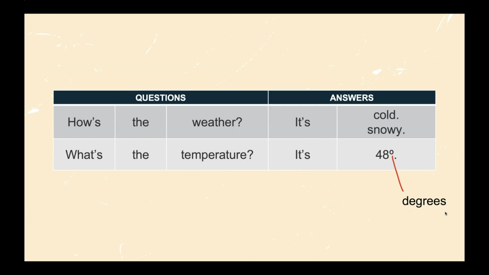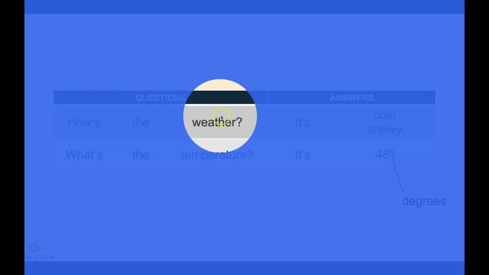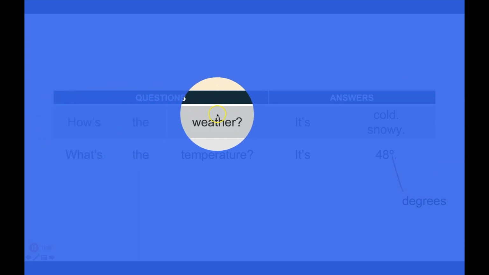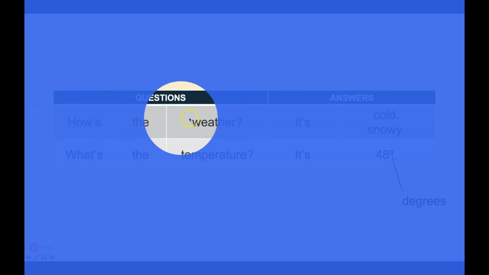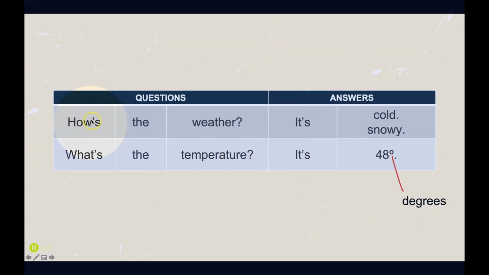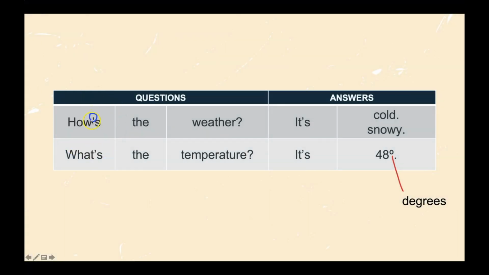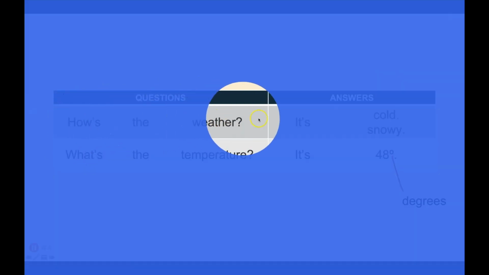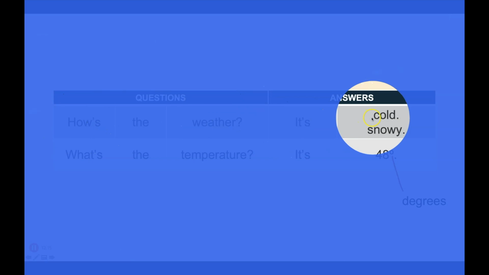Okay, so our first question is how's the weather? And we know this is actually how is the weather? But we make it short. We've got this guy, our apostrophe, that lets us make these two words one. So how's the weather? It's cold.